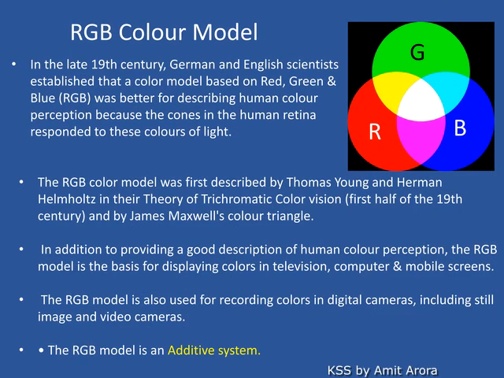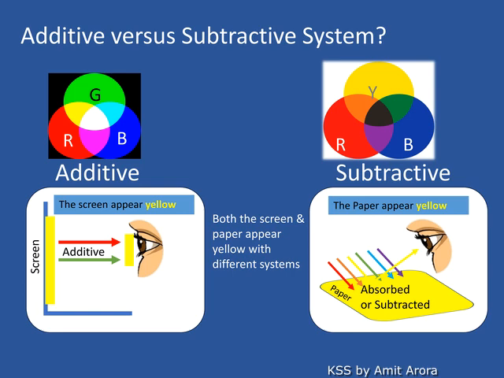It is also important to note that additive colors begin as black, as the screen of a TV, computer or mobile is black when no light is present, and become white as more red, blue, or green light is added. So, when we compare the additive versus subtractive system, we notice that in our examples, both the screen and the paper appeared yellow to us, but there were different theories behind it.